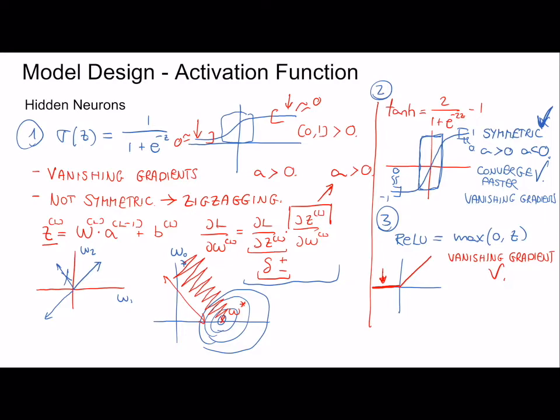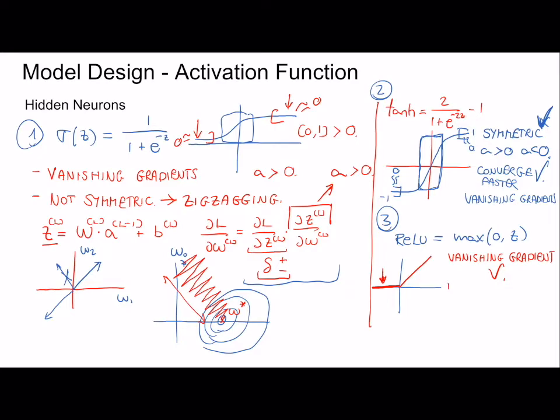The same thing happened with the step function, where the gradients were always 0, so we were not going to update using gradient descent. In this case, we're not going to be able to update the gradients of the neurons that are not active for a particular sample.